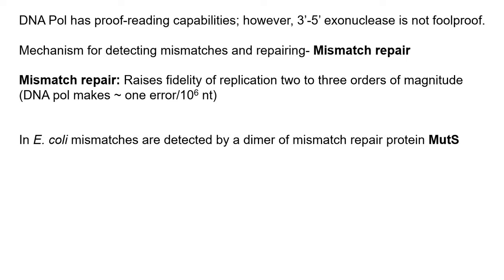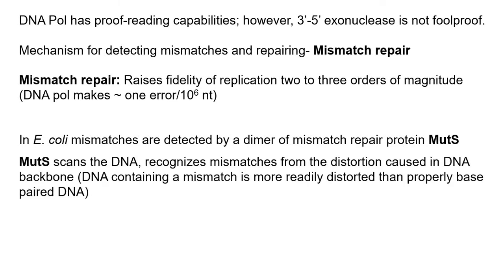In E. coli, mismatches are detected by a dimer of mismatch repair protein called MutS. As I said, these are a dimer of proteins, so two subunits come together to dimerize. Once MutS scans the DNA and recognizes the mismatch, it recognizes it because of the distortion of the DNA strands. When DNA is damaged, it's easy to get distorted because it doesn't have the proper base pairing.